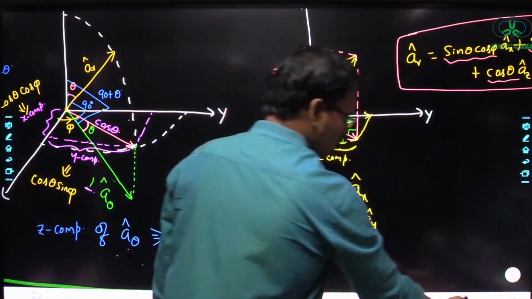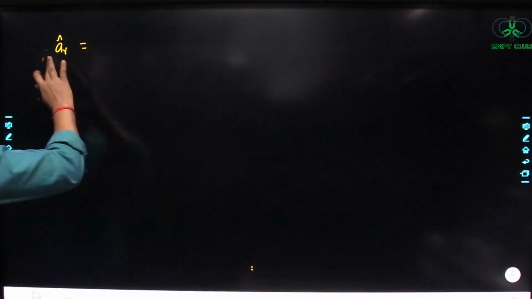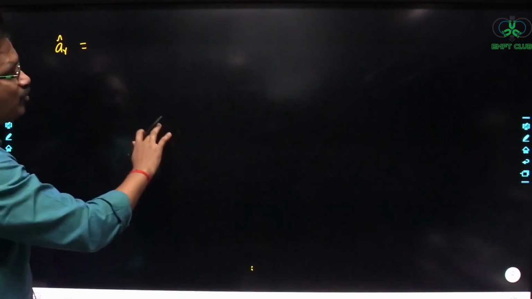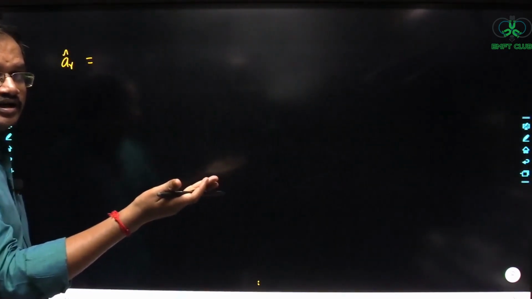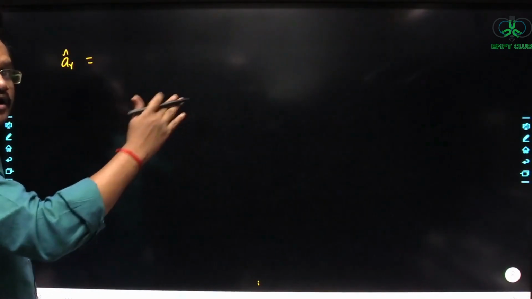Understood? So the a_r cap is going to have a component in the xy plane, which is nothing but sin theta, and that sin theta is resolved into x component and y component.